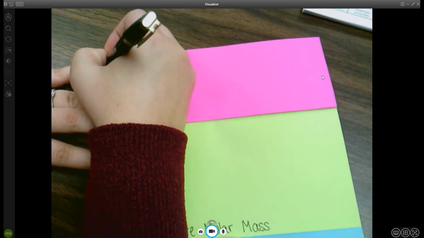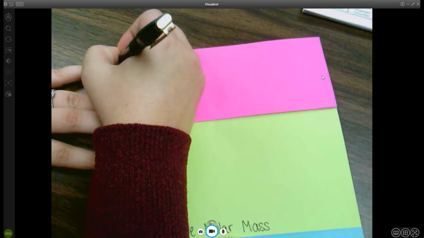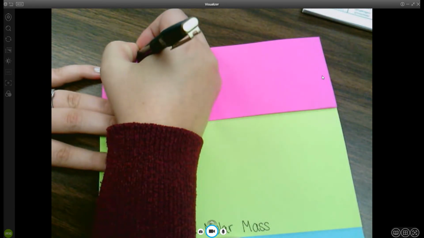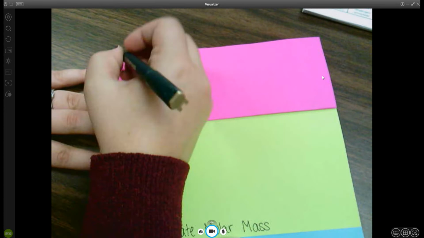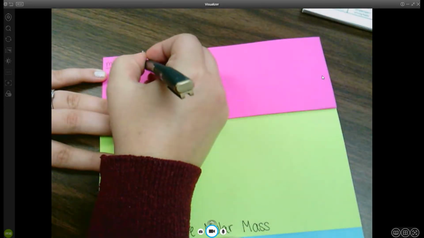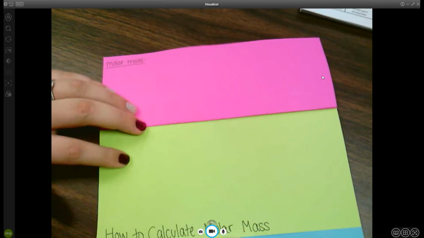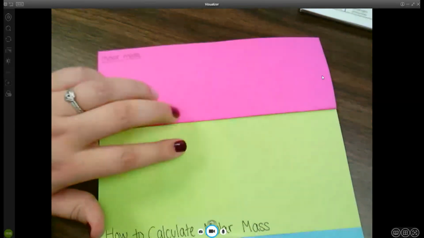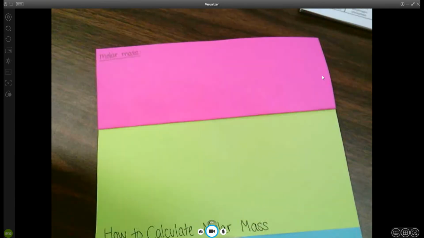So molar mass. That says molar mass. I don't know why it's not super clear.